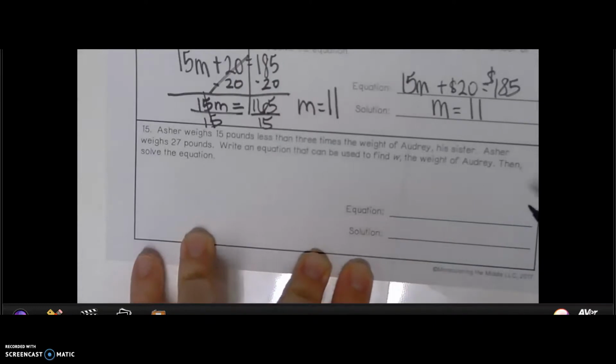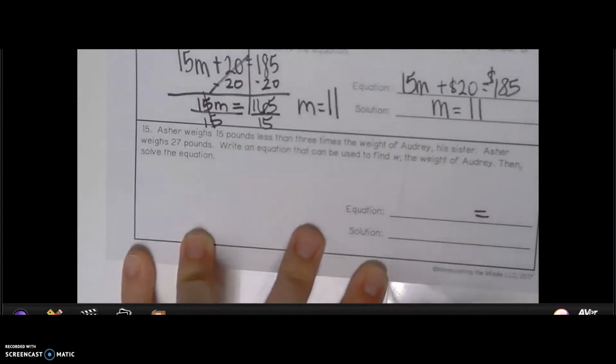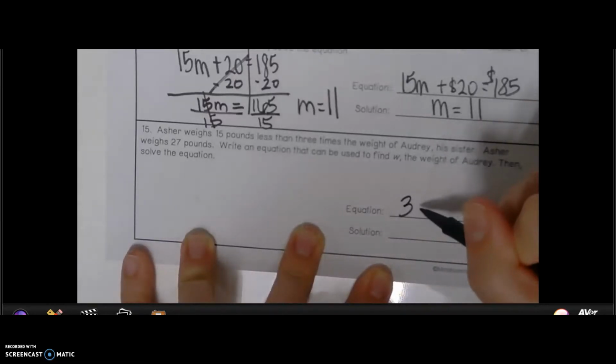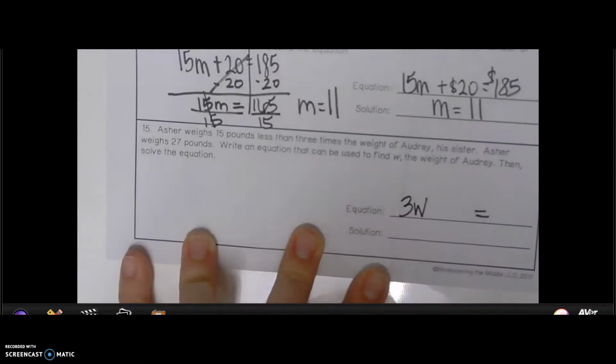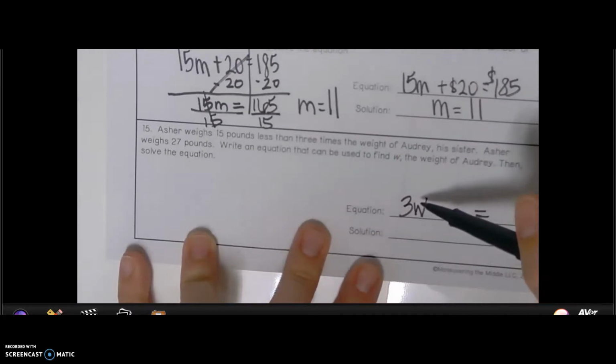Okay, so we know that he weighs 3 times the weight of his sister. Okay, 3 times. I'm sorry, Asher weighs 15 pounds less than 3 times the weight of Audrey.